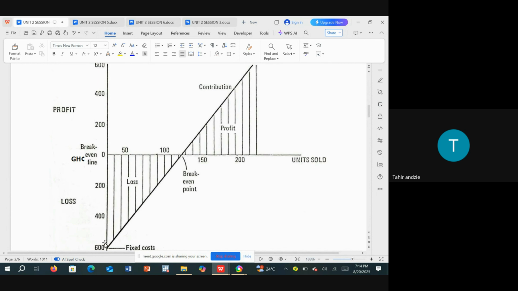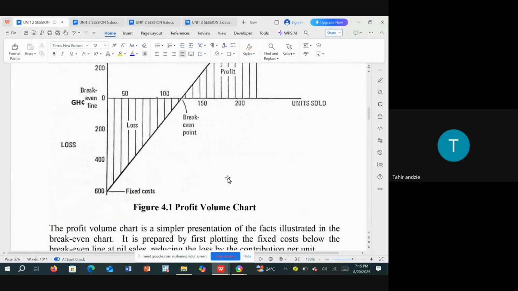Then you can just pick a point from the fixed cost when we have not produced at all. When we have not produced, the total cost is the fixed cost here. Then as we produce, the contribution covers the fixed cost at the break-even point and then gives profit. So that is how this is done.